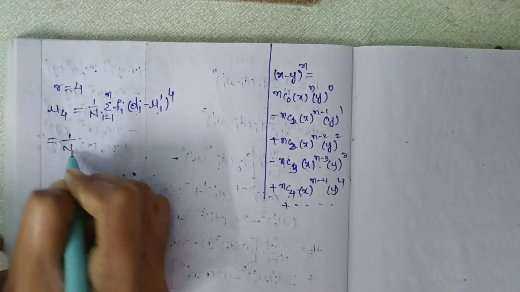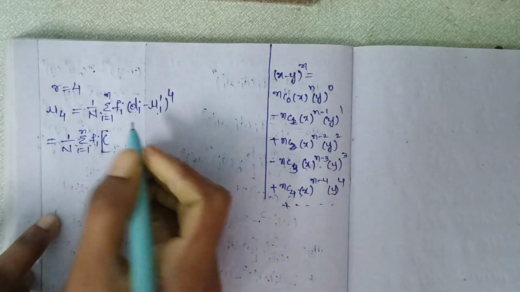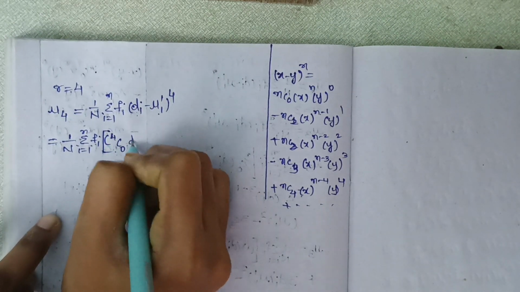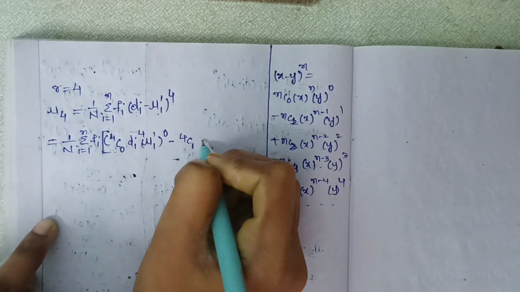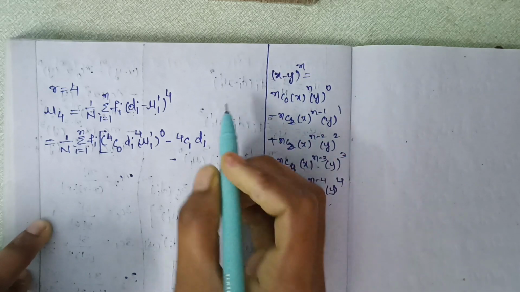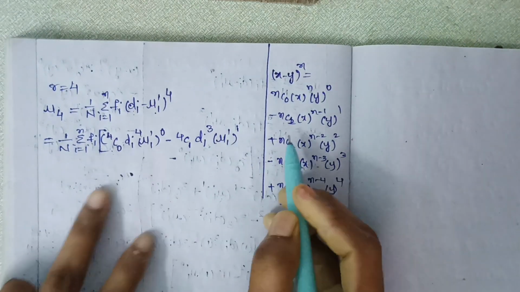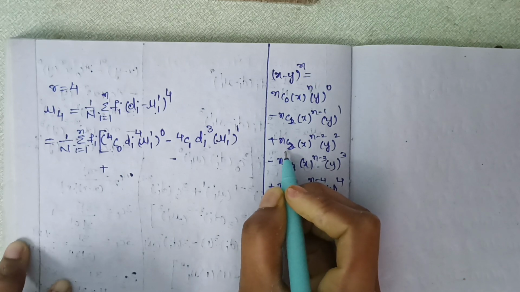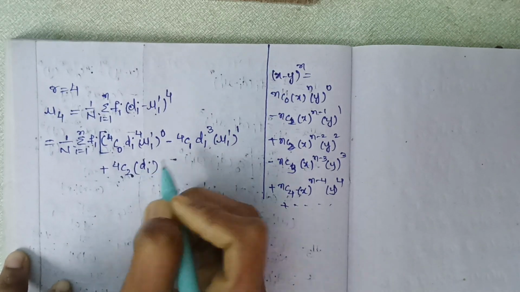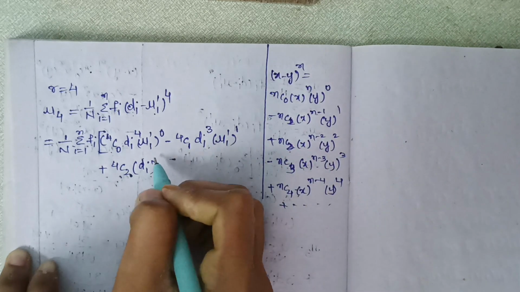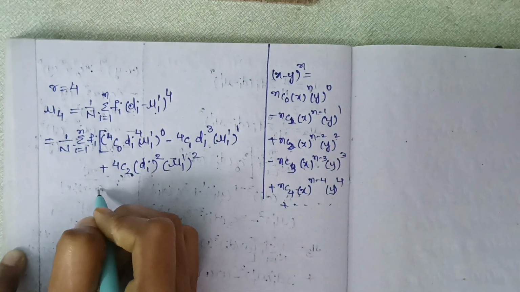Therefore 1/n summation i = 1 to n fi into 4C0 di to the power of 4 μ1' to the power of 0, minus 4C1 into di to the power of n − 1, 4 − 1 is 3, and y is μ1' to the power of 1, plus 4C2 into x is di to the power of n − 2, n is 4, 4 − 2 is 2, and y is μ1' to the power of square, plus and minus.